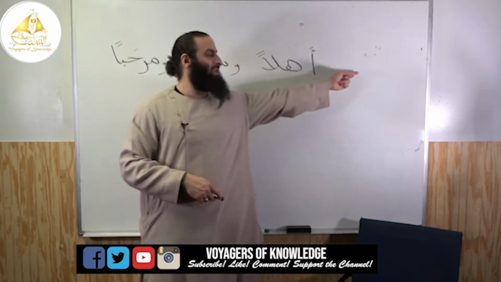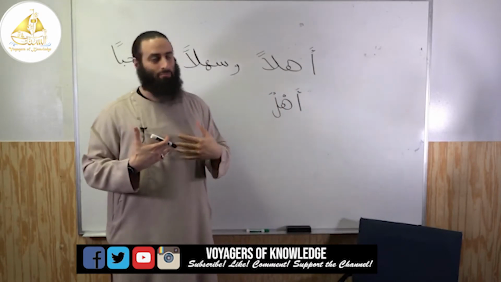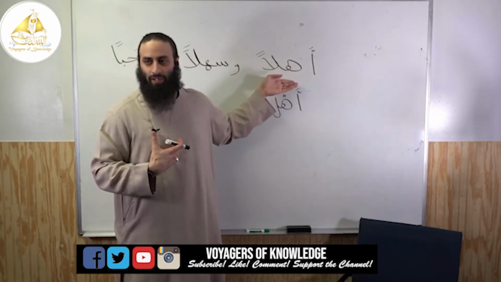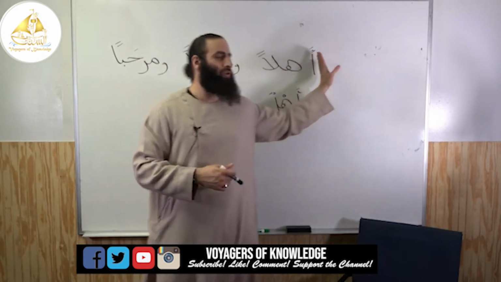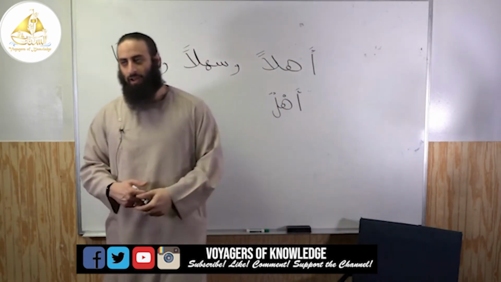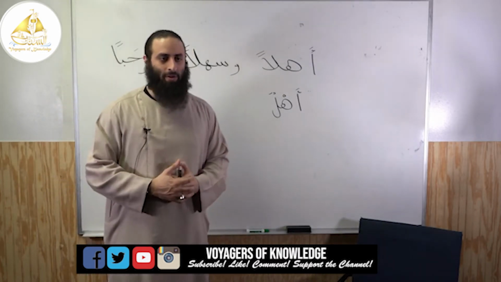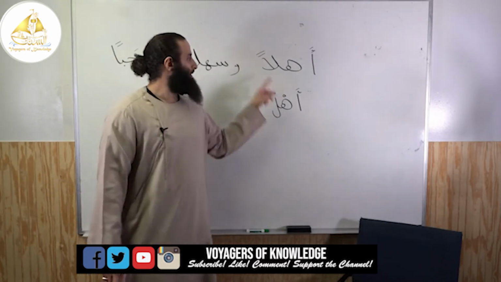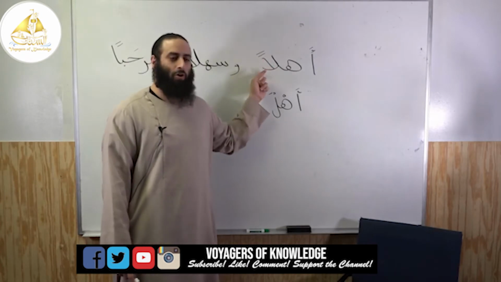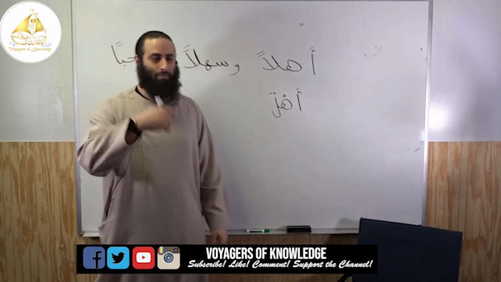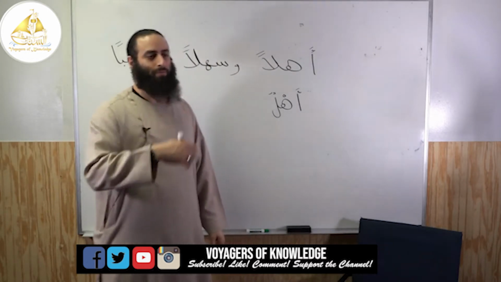It's basically saying your arrival to me is like your family. Imagine having to say all of that, so they cut it out and put this tanween there to let us know that's what it means when you say ahlan. Like welcome, you're like family.